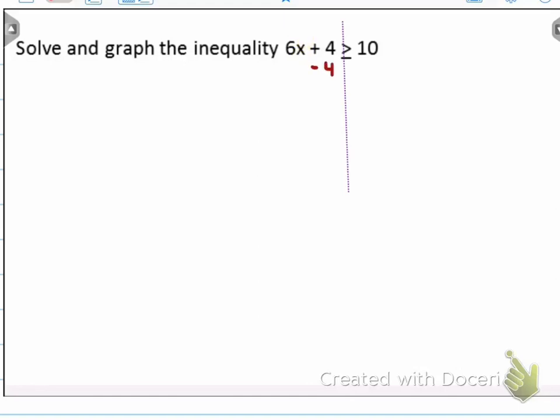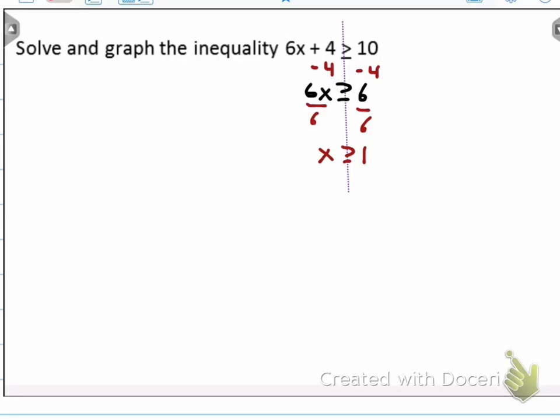Minus 4, minus 4. Recopy your whole inequality. So 6 and then 6x. And I'm going to then divide by 6. x is greater than or equal to 1.